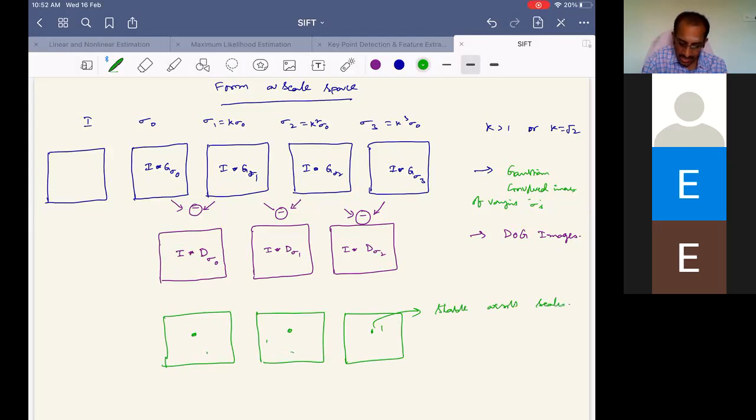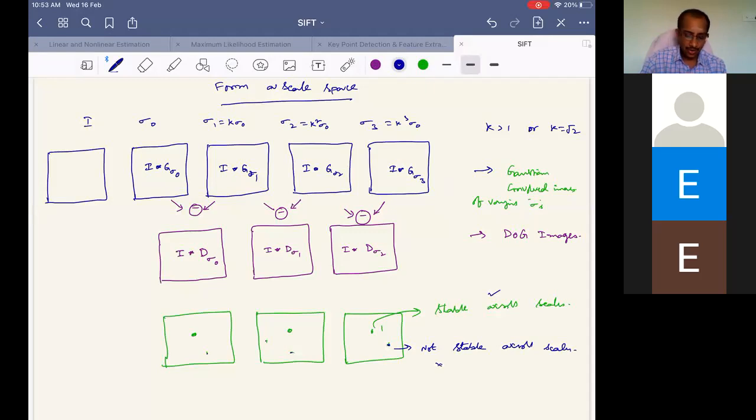These key points are not stable across scales. These blue points are not stable, and hence these are not considered as good key points. This is considered as a good key point.